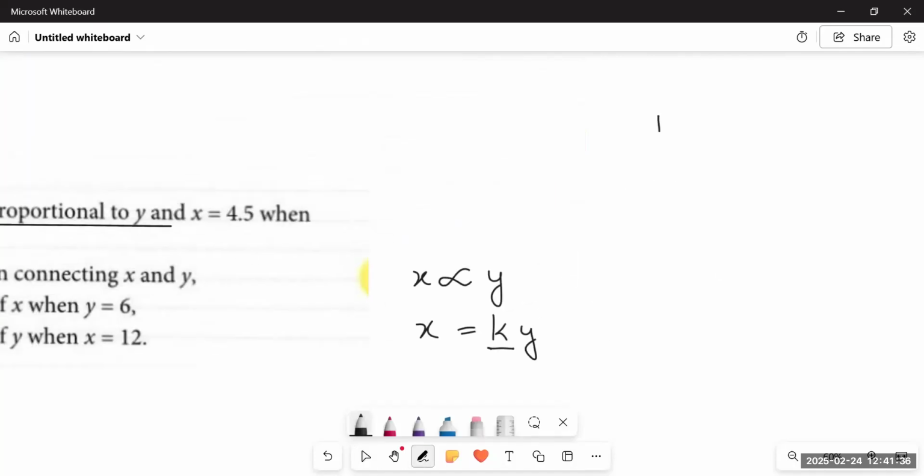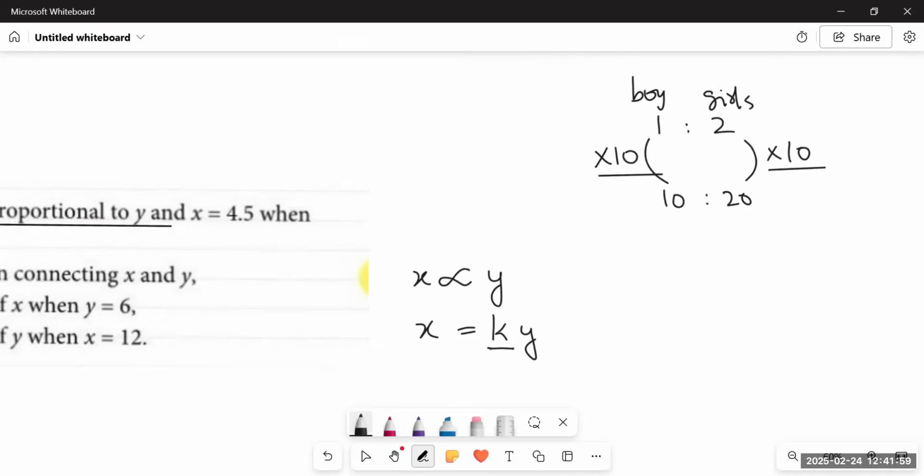Like I was saying, if there is 1:2, one boy to two girls, and then if the actual number of boys is 10, the actual number of girls would be 20. So the number that we multiply each quantity with is called the proportion. It's the constant number they are talking about.